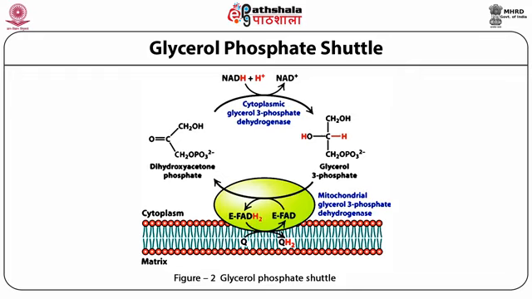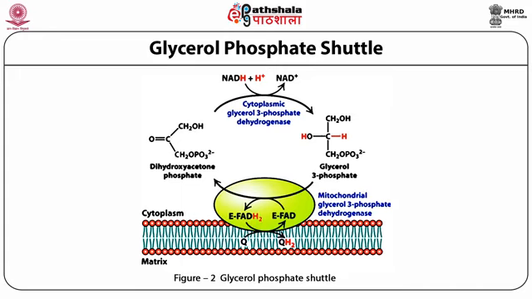Glycerol 3-phosphate gets converted back to dihydroxyacetone phosphate by an inner membrane bound mitochondrial glycerol 3-phosphate dehydrogenase. At this time, one molecule of enzyme-bound flavin adenine dinucleotide, that is FAD, is reduced and converted into FADH2. FADH2 then reduces coenzyme Q, ubiquinone, to ubiquinol, which enters oxidative phosphorylation.